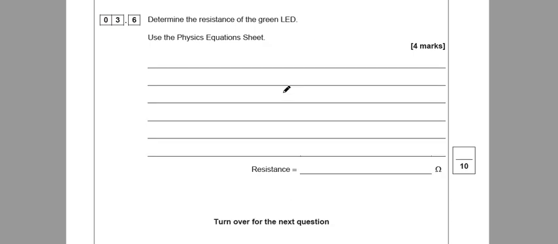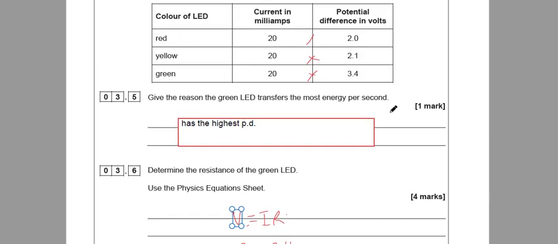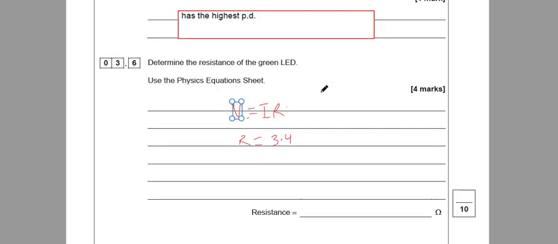Determine the resistance of the green LED and use physics equations. We know that power is equal to I squared R, but we will use the equation V equals I times R. So R is equal to 3.4 from the table over 20, but this is 20 in milliampere.